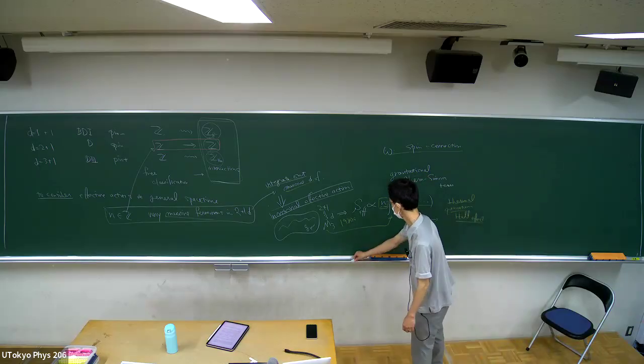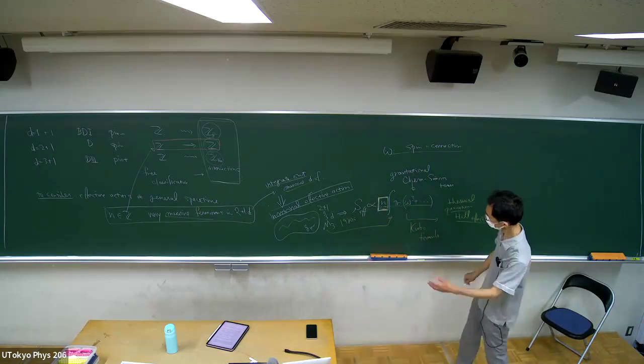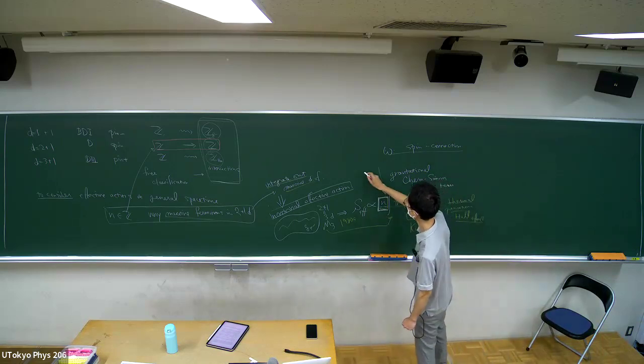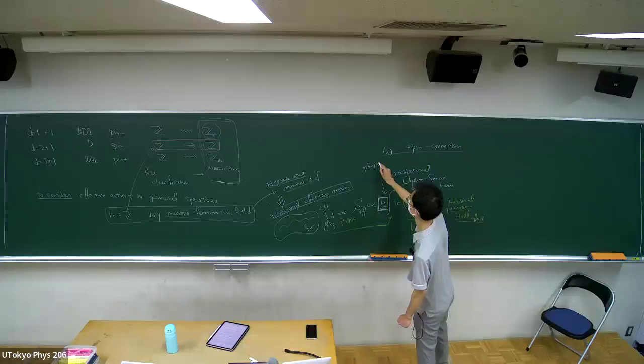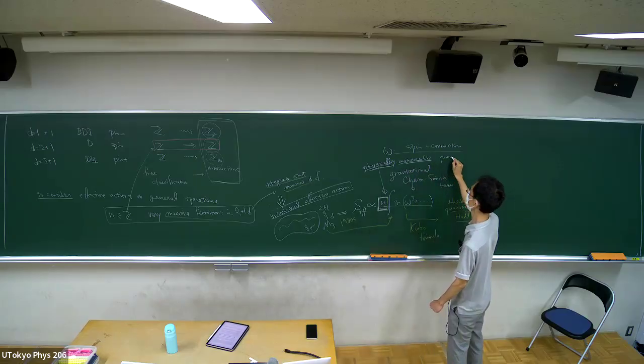And that is quantized, and the coefficient of that quantized perpendicular flow is proportional to n. So this is a physically measurable quantity.